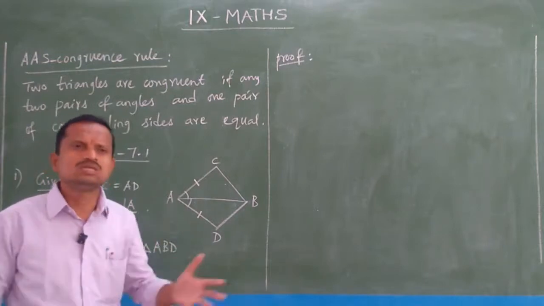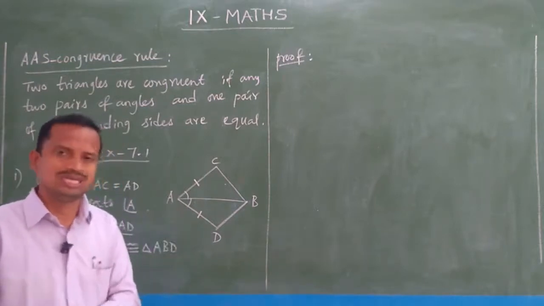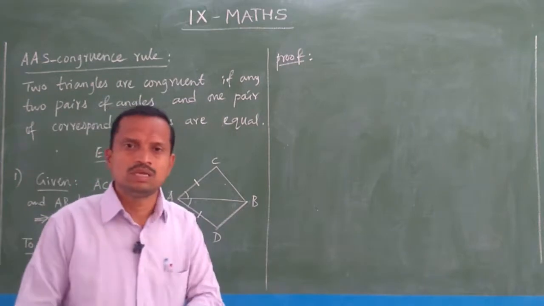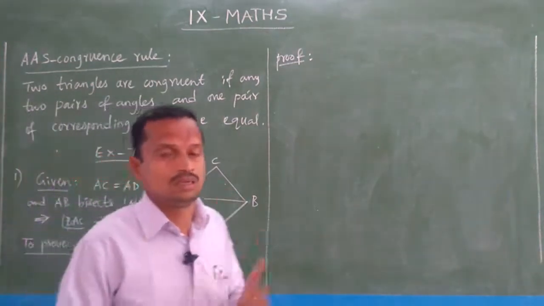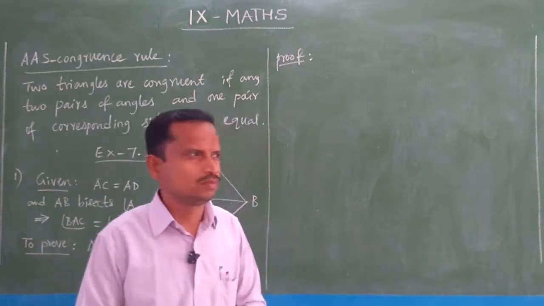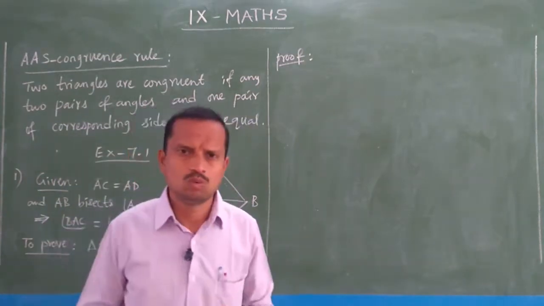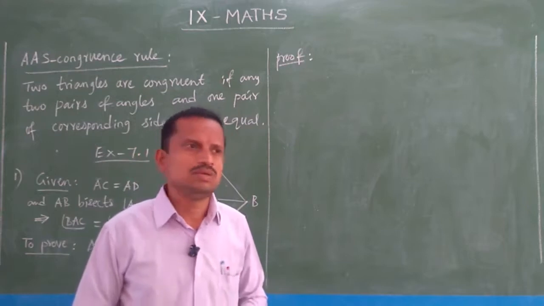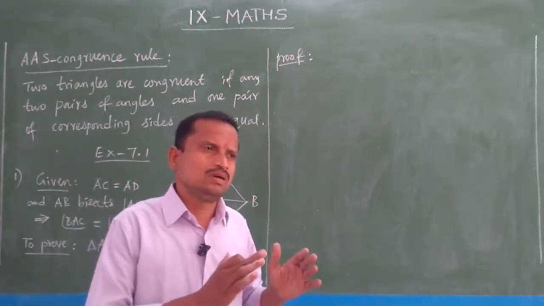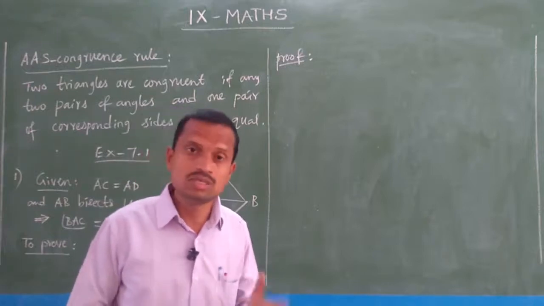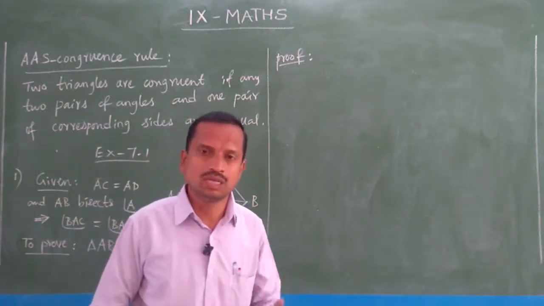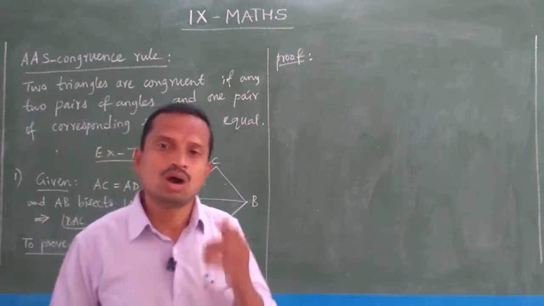So, out of these three congruence rules, one is SAS, another one ASA, and now AAS. So, all these say that any three corresponding parts are needed to say the two given triangles are congruent.